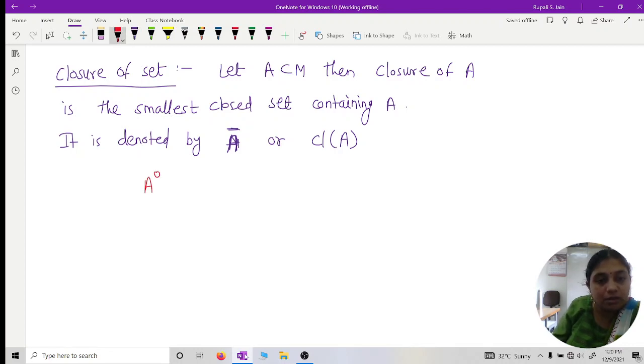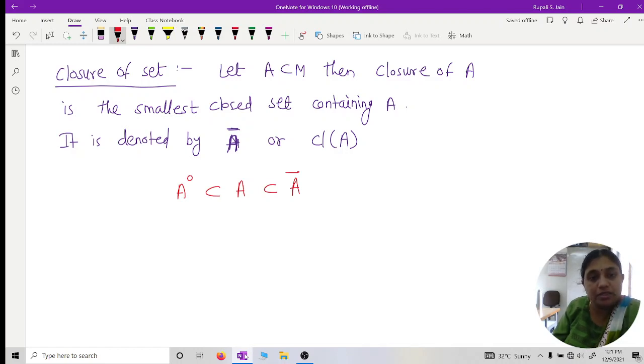A interior is the largest open set contained in A, and A closure is the smallest closed set containing A. So A closure is bigger.